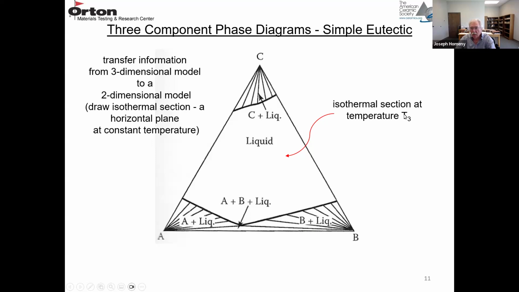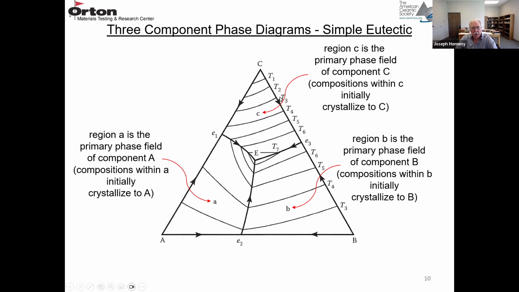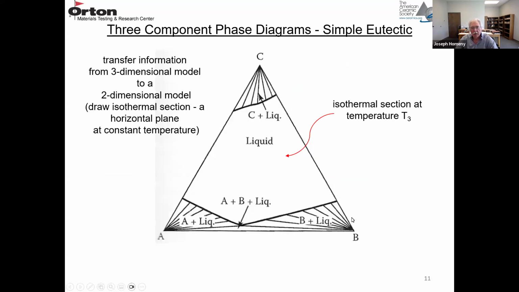So in our model, this is the isothermal section at temperature T3. So here's temperature T3 over here, and then the isotherms are on the other side over here, T3. So when you take that horizontal cut, you have a liquid region in the center. This is C plus liquid, B plus liquid, A plus liquid, and this is at the eutectic region, A plus B plus liquid.